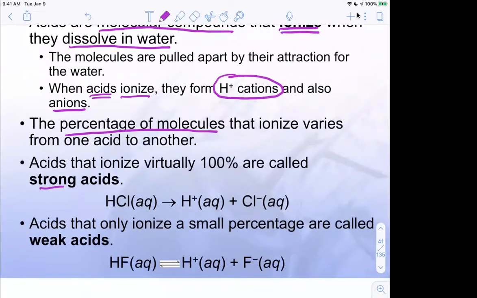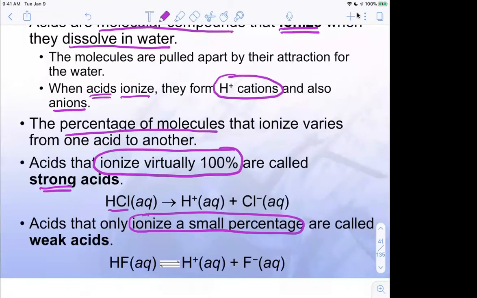When I have a strong acid, I basically have 100% ionization. HCl is a strong acid. If I ionize just a small percentage of my acid molecules, I am a weak acid, and this is going to be something like HF. So HF actually has a few ions circulating in solution, but mostly it's intact HF molecules.